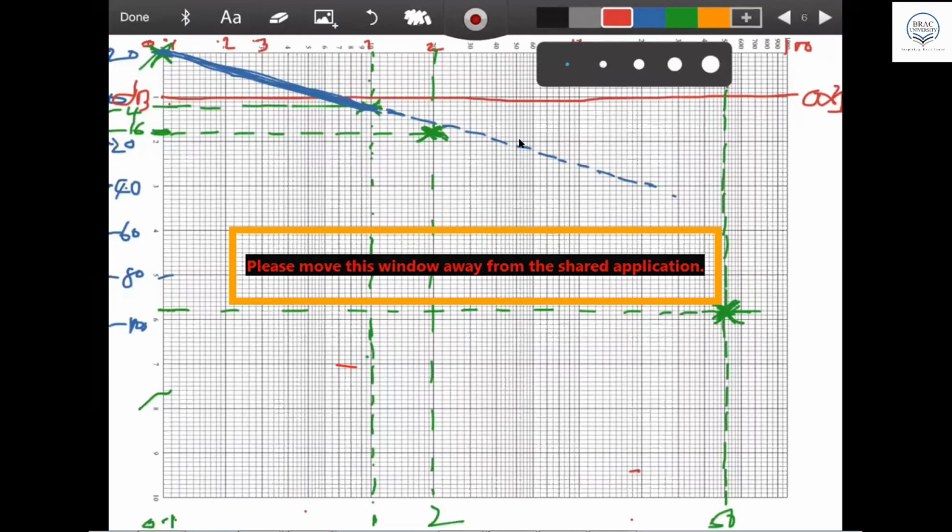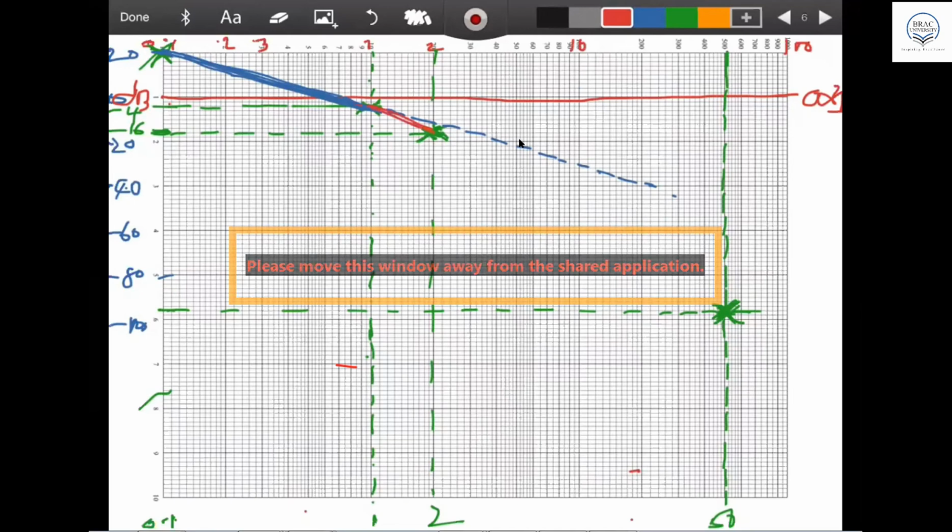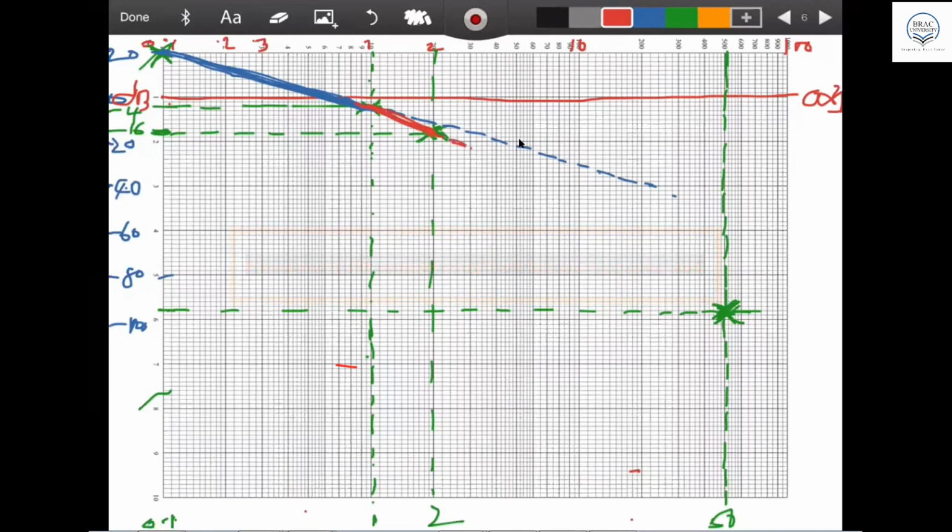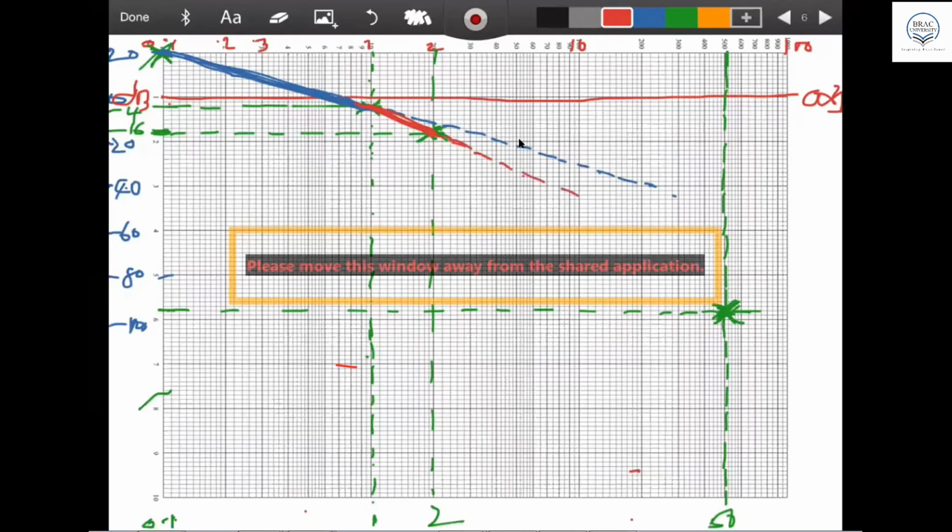Then you join the next 2 points with a scale. It will be a little bit inclined downward, and that one also you extend with a dotted line. The extension can be a straight line. So you can go ahead in that way.